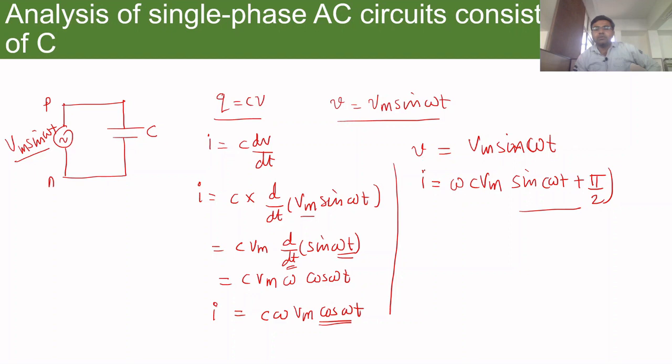Now after having a look at the voltage and current in case of capacitor, here this angle is 0 and here the angle is pi by 2. So this theta is positive.